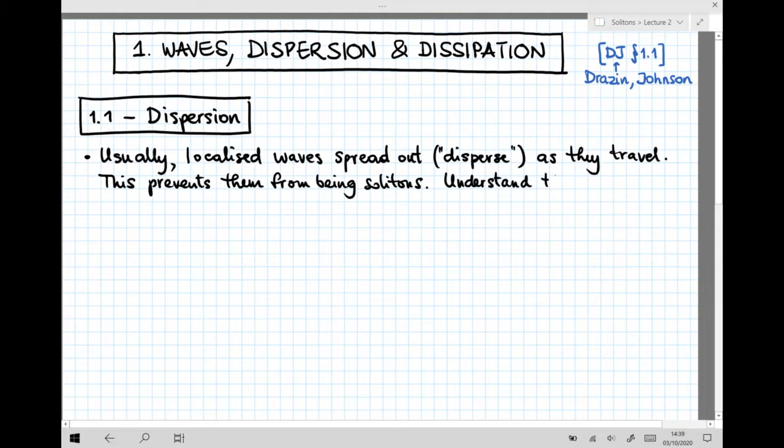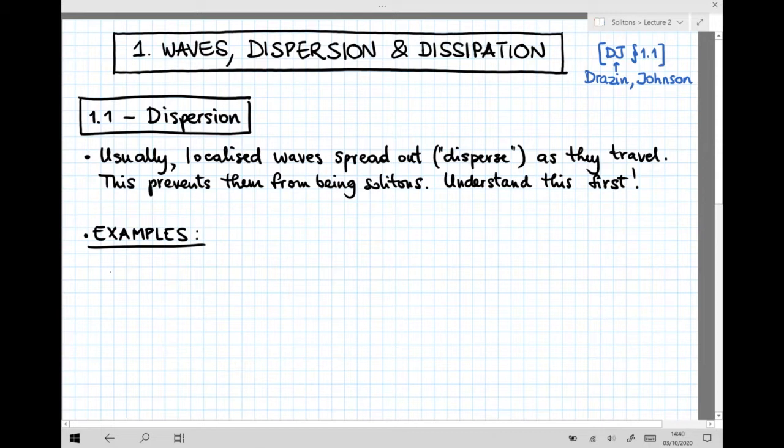So that's what we're going to do. So we'll do that by looking at a few examples of linear wave equations. We'll look at three examples in particular of slightly increasing complexity.